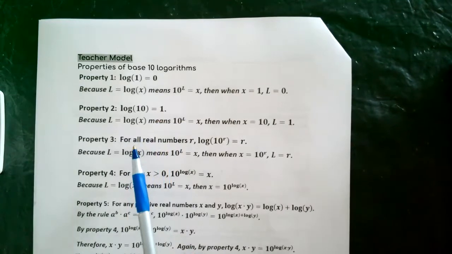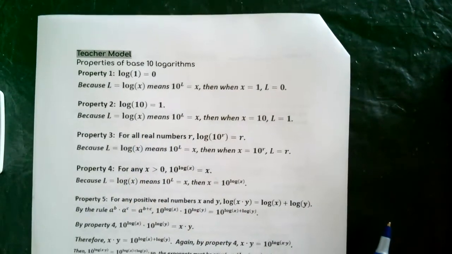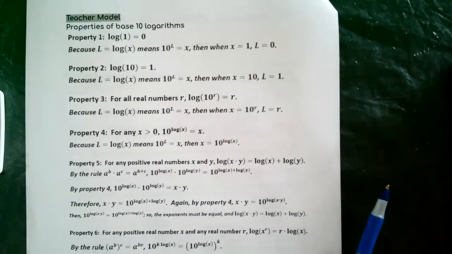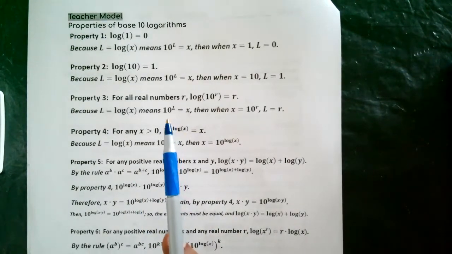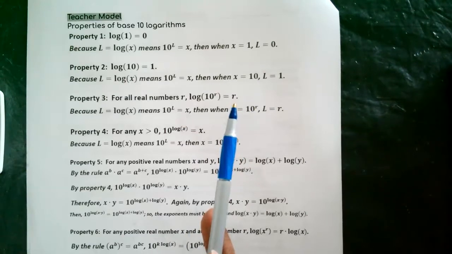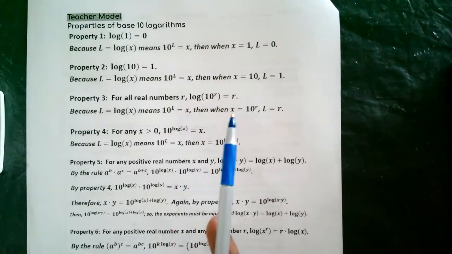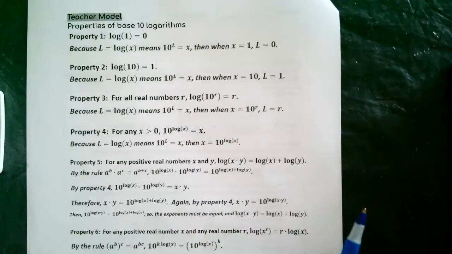For all real numbers r, log of 10 exponent r is equal to r. Now here again, if you have an exponent r, then 10 exponent of r is going to be 10 exponent r. So this is the third property.